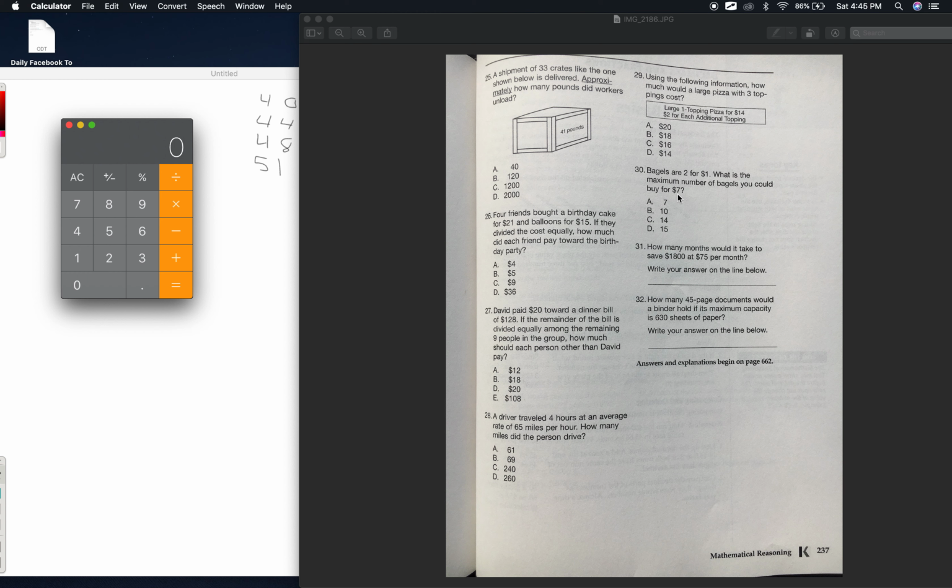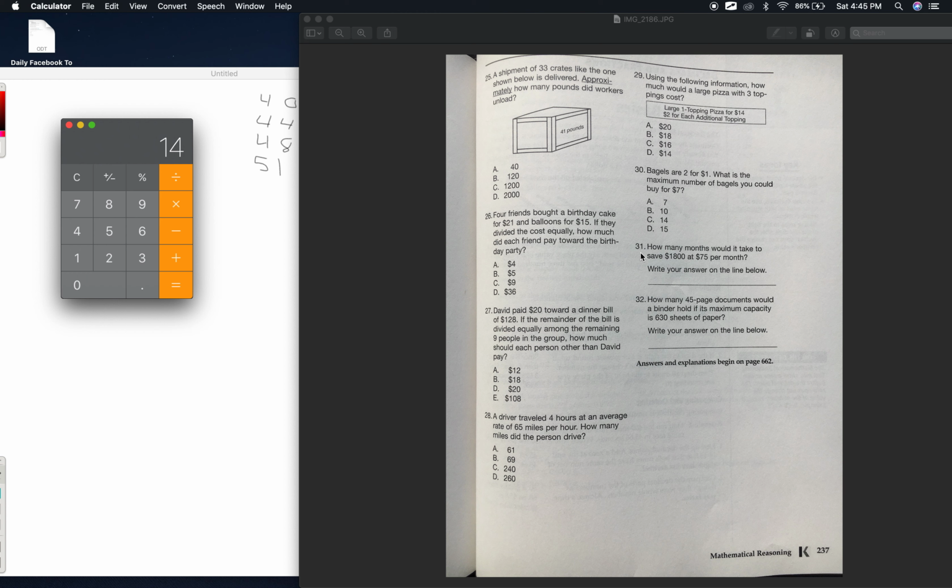Because each dollar represents 2 bagels, so we need to see how many bagels $7 represents. So 2 times 7 equals 14. You can buy 14 bagels with that $7. Okay, so your answer is C.